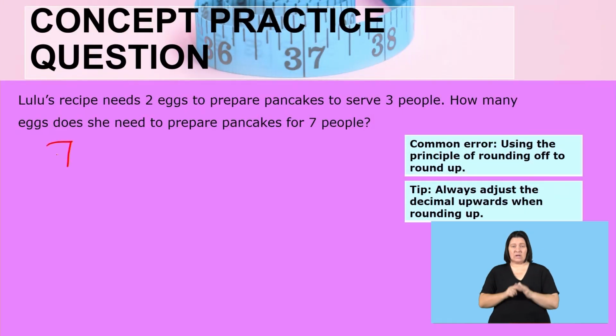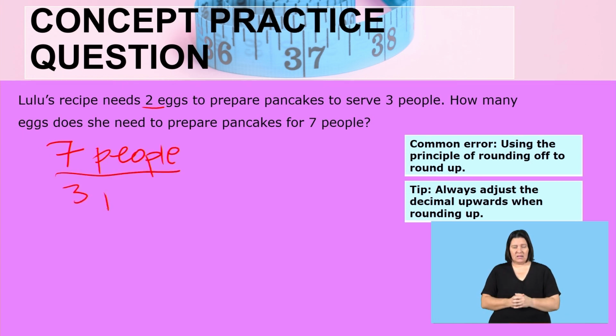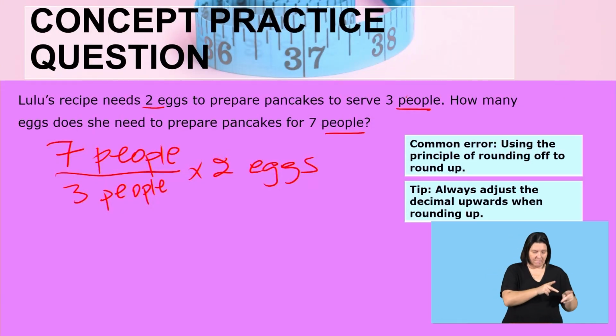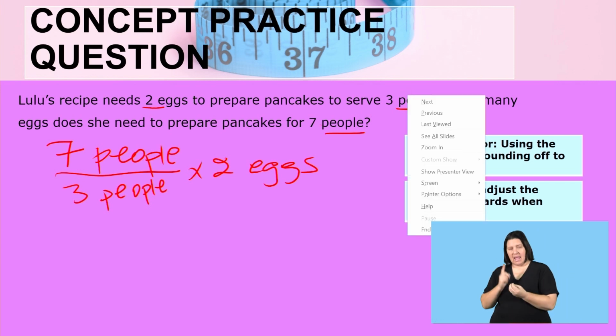We divide the same units, and then we multiply by a different unit. So we take 7 people, we divide by 3 people, and then we multiply by 2 eggs. Always make sure that the same units are dividing, because this is people and people.